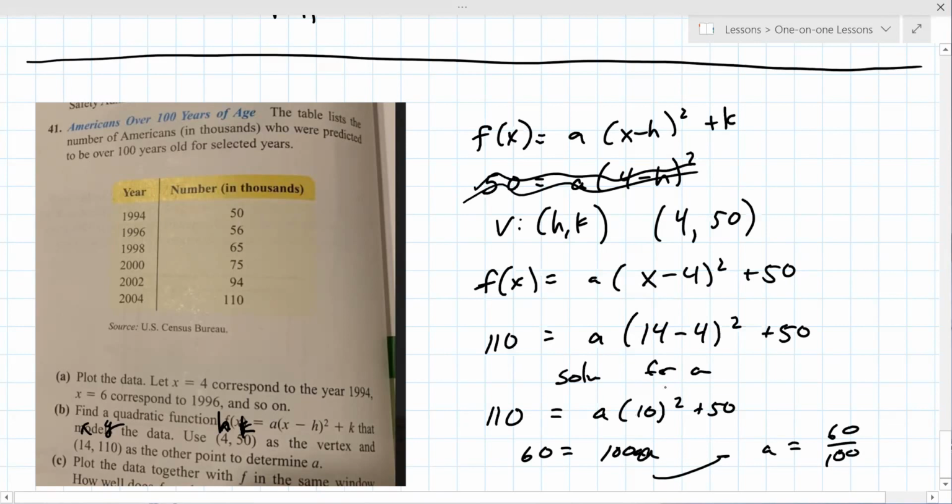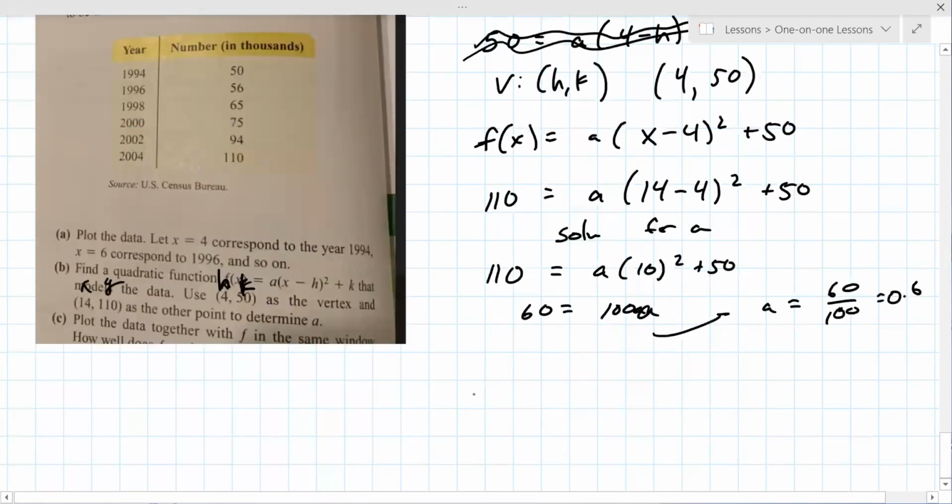I mean, 14 minus 4 is 10. 10 squared is 100. When you subtract that 50, you get 60. I got 0.6 here. Oh, okay, I see, I did that wrong. Let me correct that. All right, so minus 50 on both sides. That's 60. 60 equals 100a.